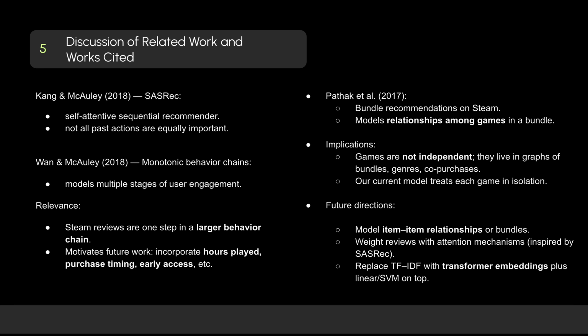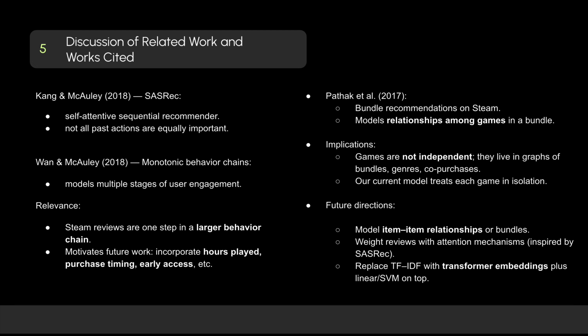And I thought this connected to the dataset that I worked with, because Steam reviews do effectively show one stage in a behavior chain. And though I only used the review text and some parts of the metadata, the paper does kind of suggest incorporating other signals and not just text-based predictions. So that is kind of another idea for extension.